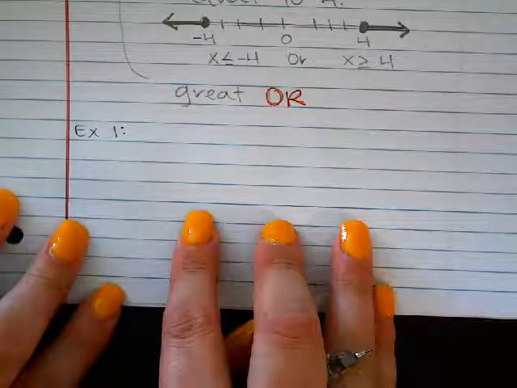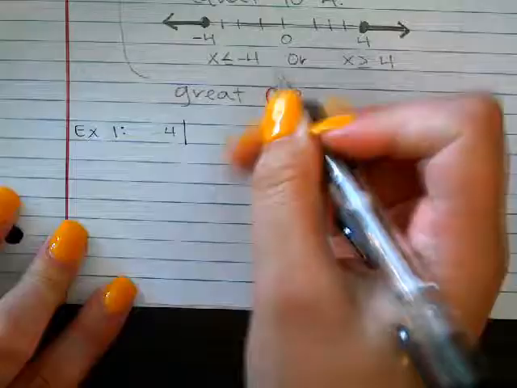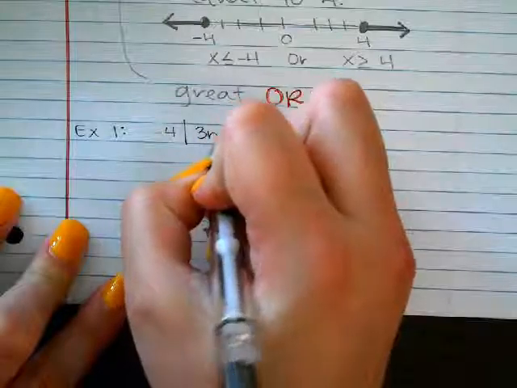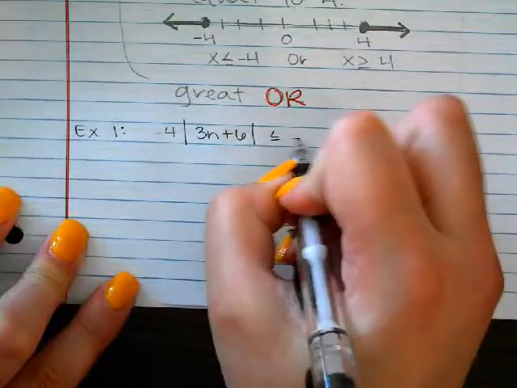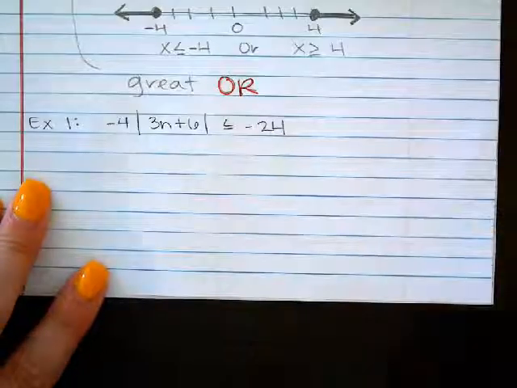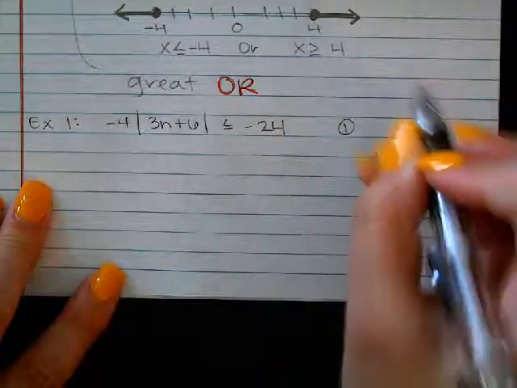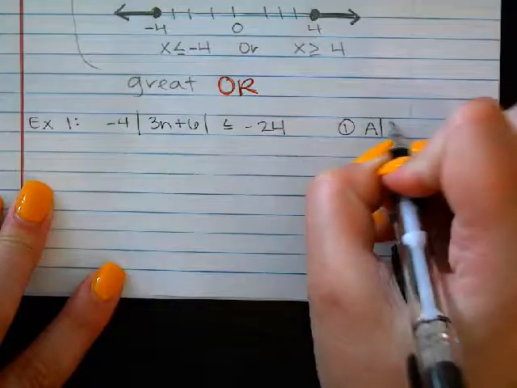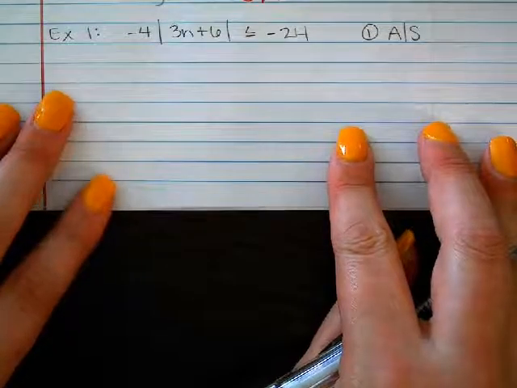All right, -4 times the absolute value of 3n plus 6 is less than or equal to -24. No commitment yet. We're still going to do order of operations backwards. So is there anything I can add or subtract over to the other side? Nah, nothing to add or subtract.